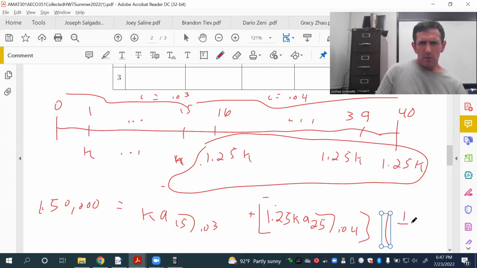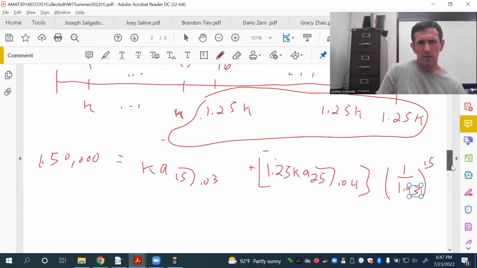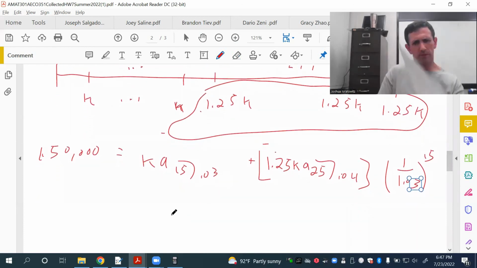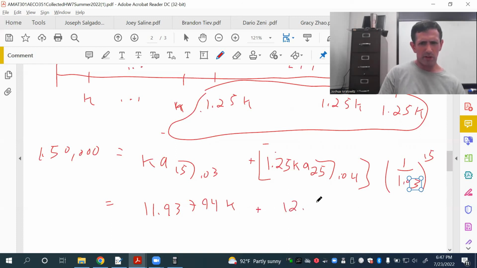Yeah, discount this 1 over 1.03. Discount this by 15 years at an interest rate of 3%. Yeah, and you'll get 11.93794K plus 12.53402K.